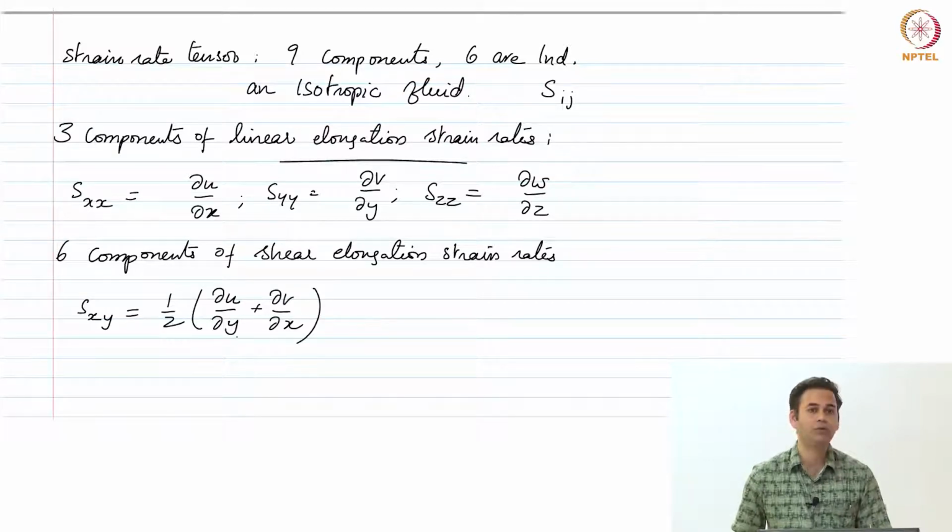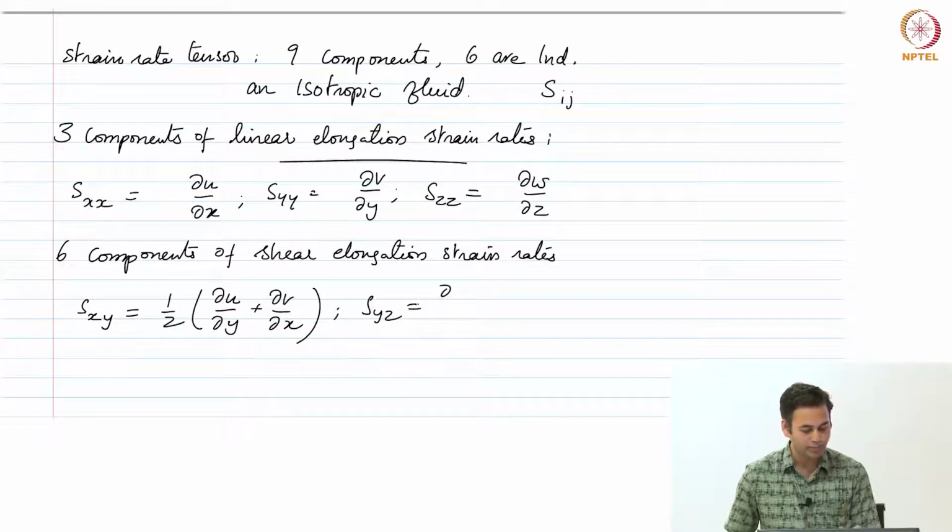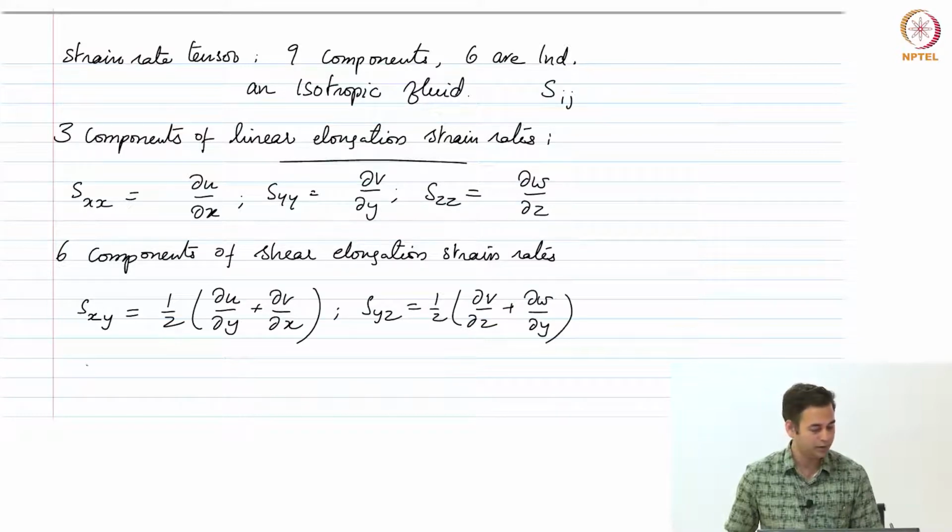Now you see, if you have S sub xx, how do you get partial u partial x? Where you have 2 of them summing up to 1. So there is no 2 in there as I wrote before. Similarly, Syz would be equal to half of partial v partial z plus partial w partial y, okay. Similarly, Sxz would be equal to half of partial u partial z plus partial w partial x.